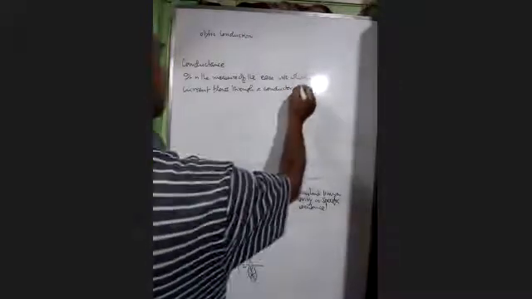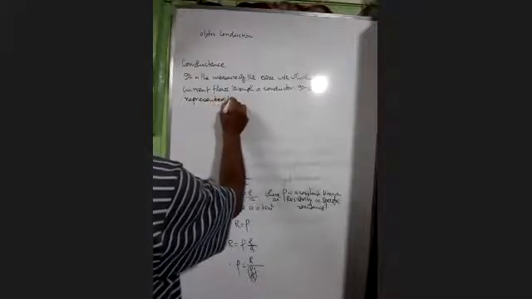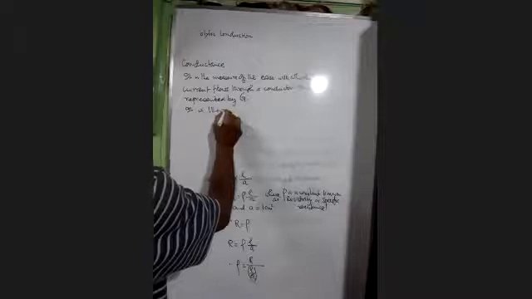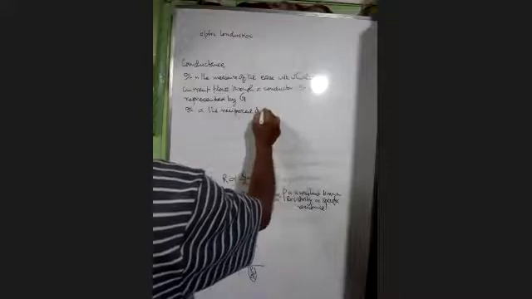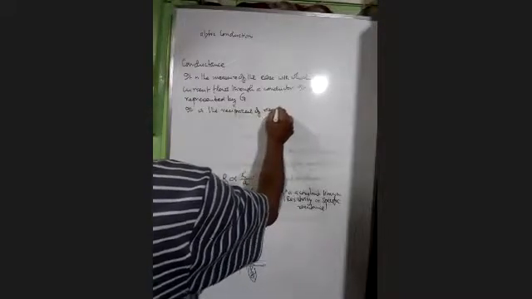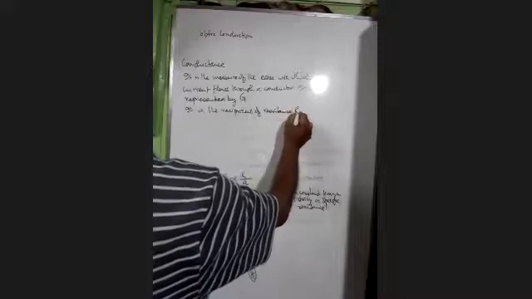Okay, it is represented by capital G. Okay, it is the reciprocal of resistance R.